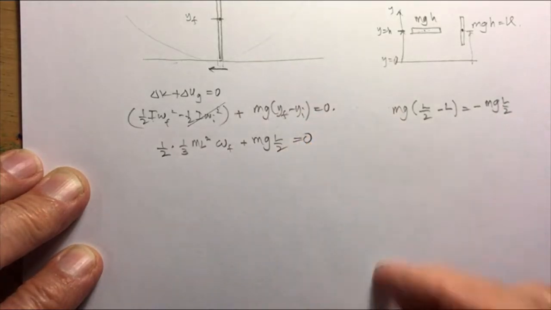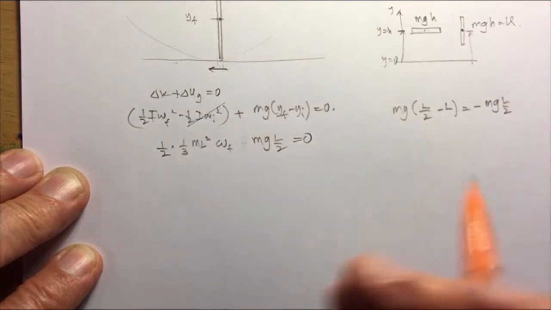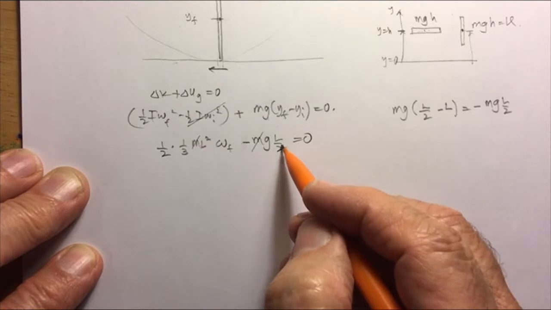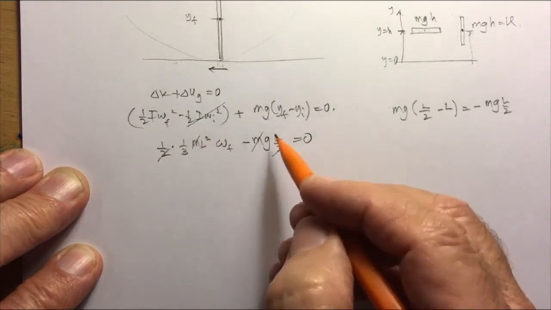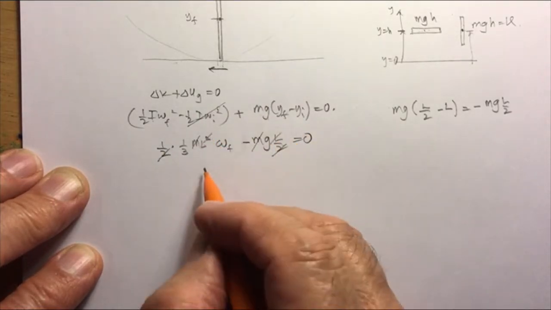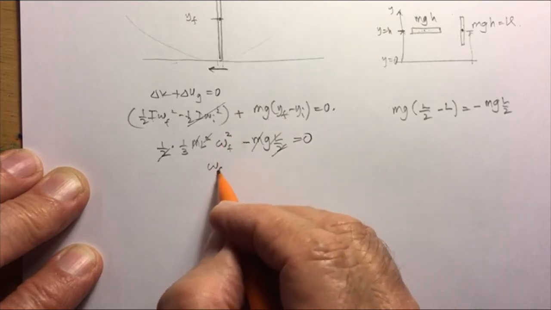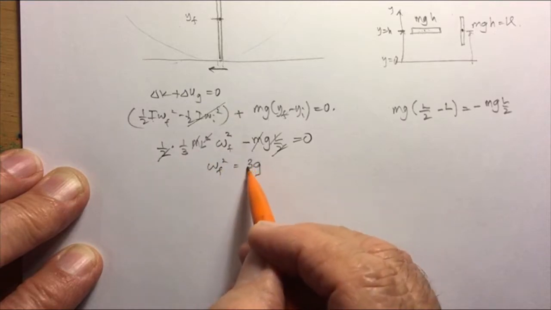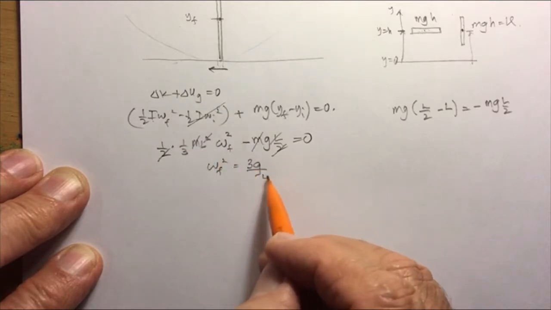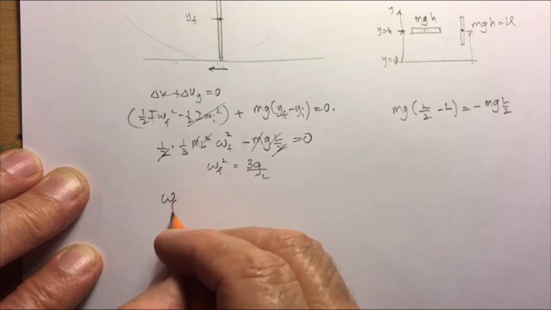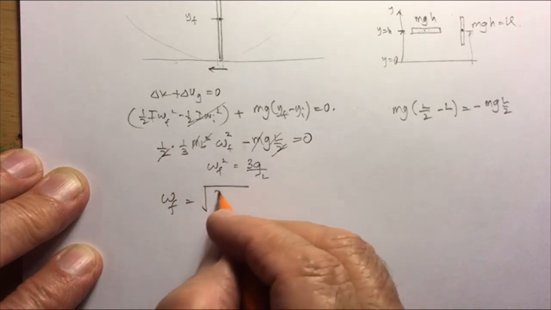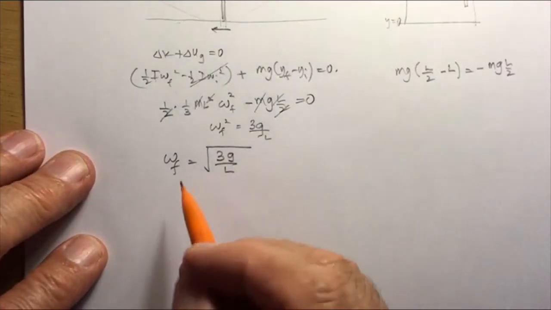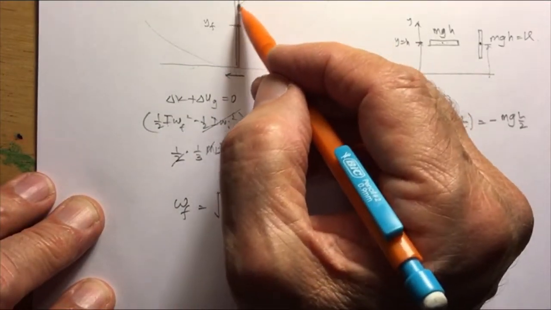Okay, so put a minus here. And then we can cancel out the m, the 2, and one of these L's, and there's a square here, so omega final squared becomes 3g over L, and so omega final is the square root of 3g over L. That becomes the angular speed when it crosses this point.